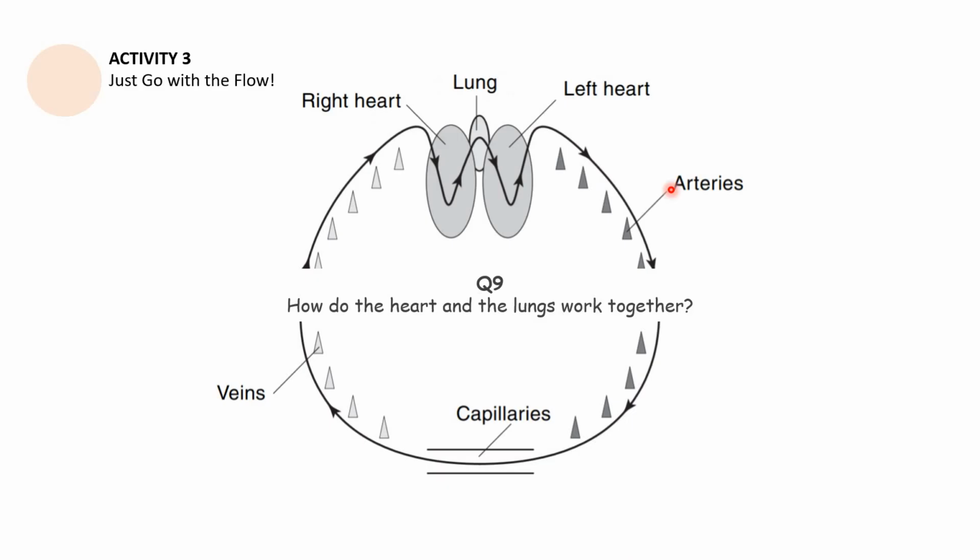You need to analyze this model first before you would be able to answer this question. Paano nag-work yung heart and the lungs? So you have the right heart, and then the arrow goes to the lungs and then to the left heart. I gave you so much clues already.